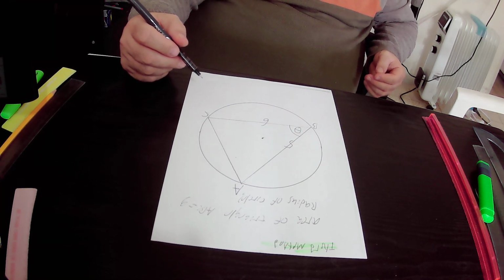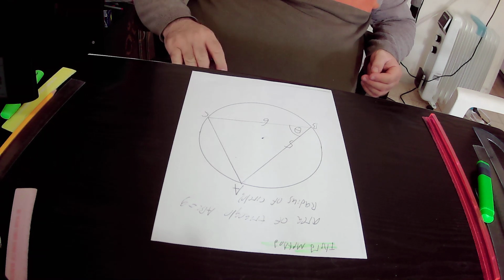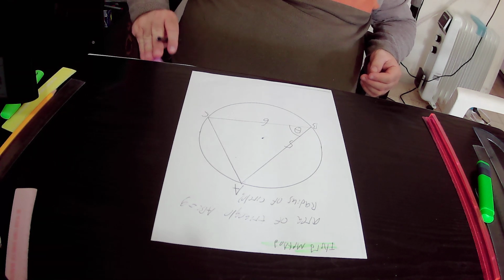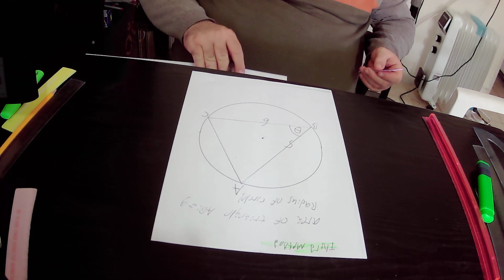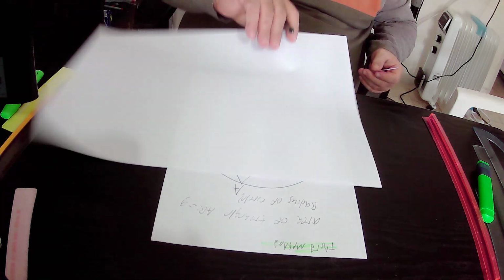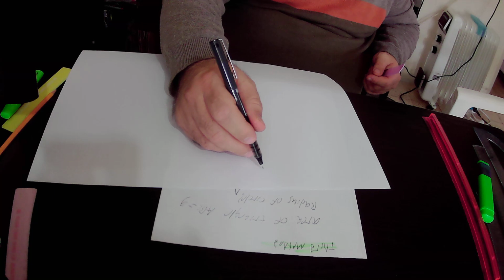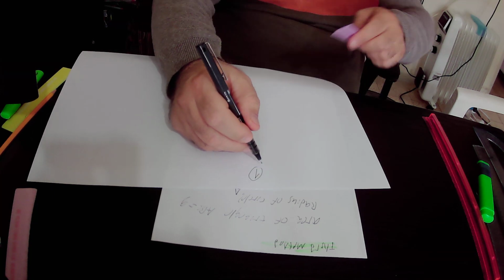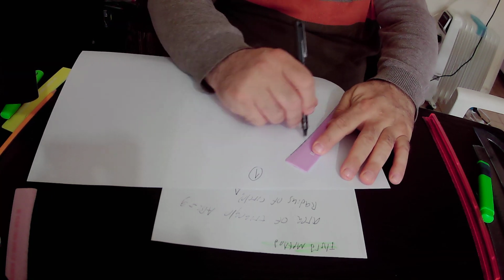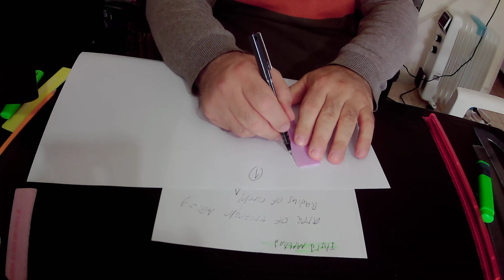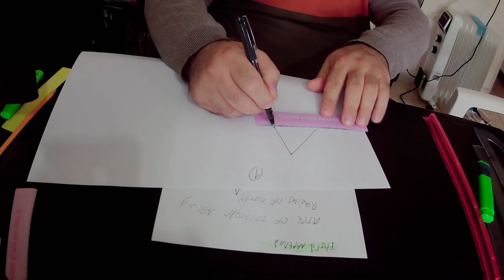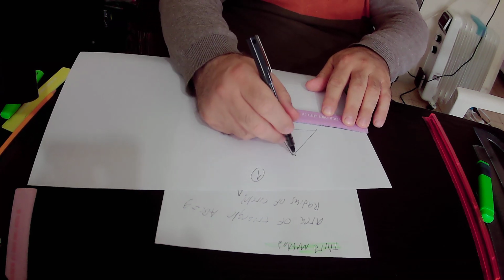We know that the area of any triangle, if we have triangle ABC, this is triangle ABC.